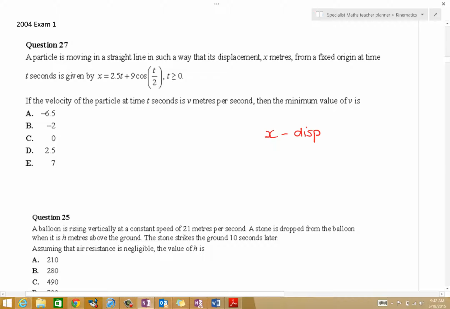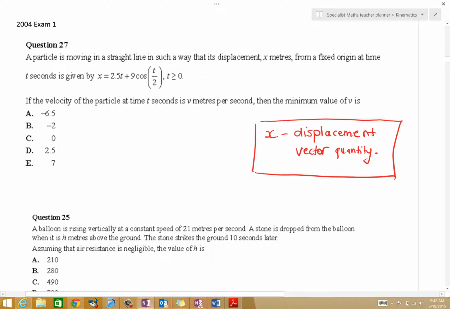And displacement is what we call a what quantity? It's a vector quantity. We can go forwards, we can go backwards, it has an associated direction, and of course sometimes your distance and displacement can be the same if you're travelling in one direction. But of course in specialist maths a lot of the time we travel in several directions.